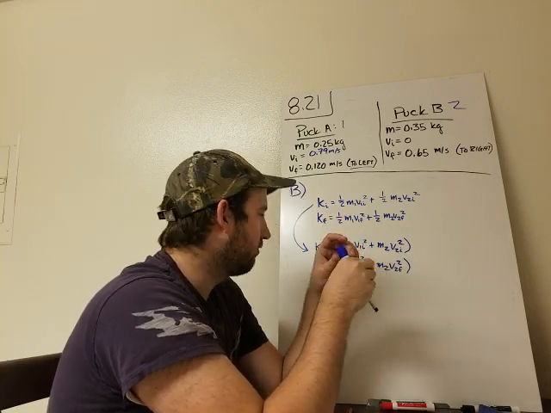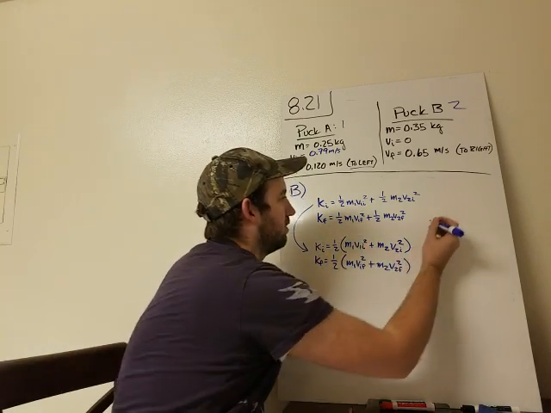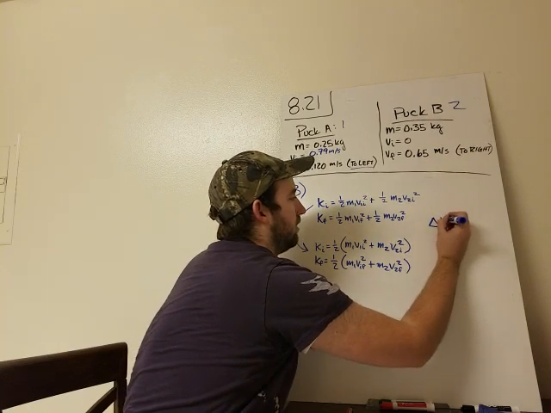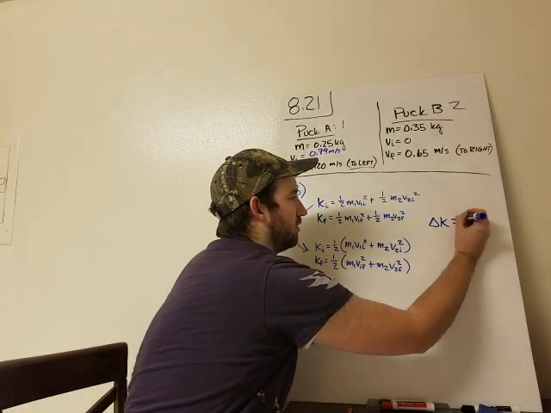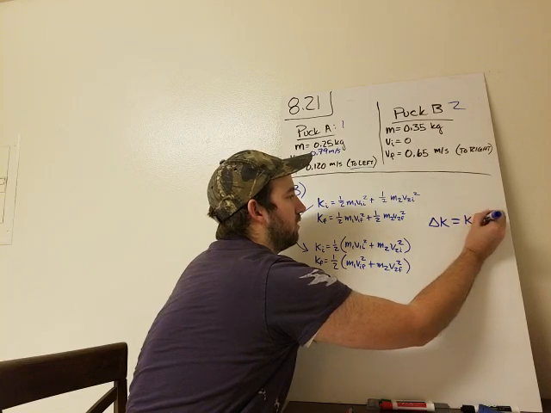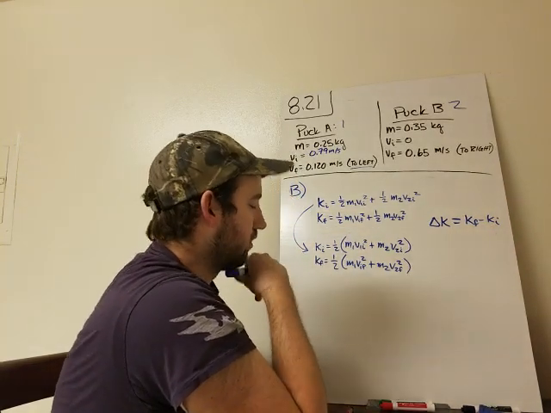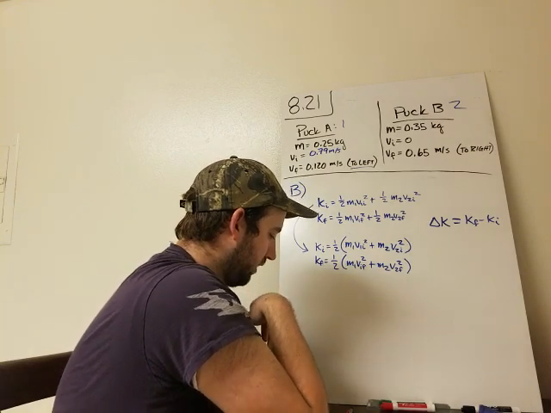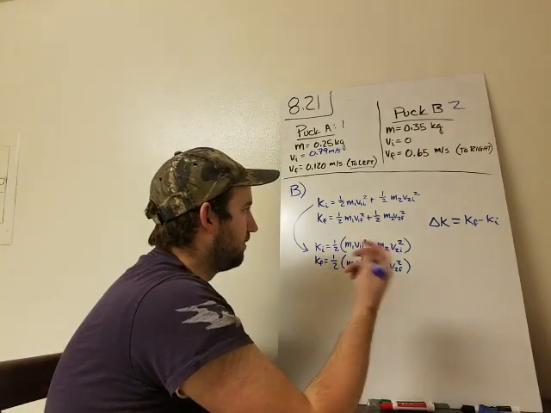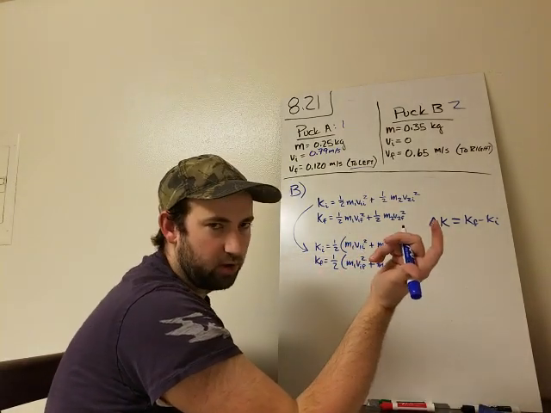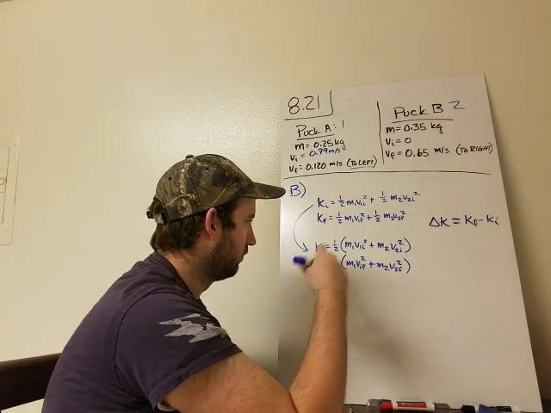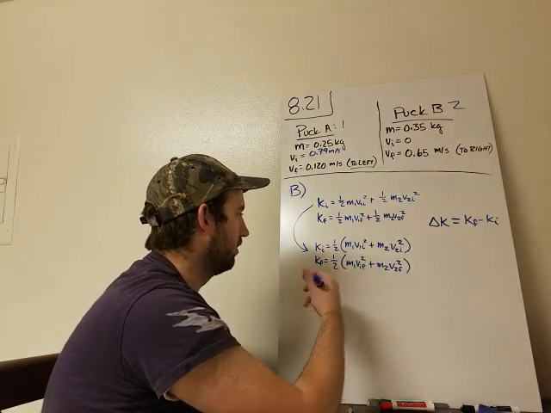So we have that, but now we also know that the change in kinetic energy is equal to Kf minus Ki. And to find delta K, which is what part B wants, we just subtract.